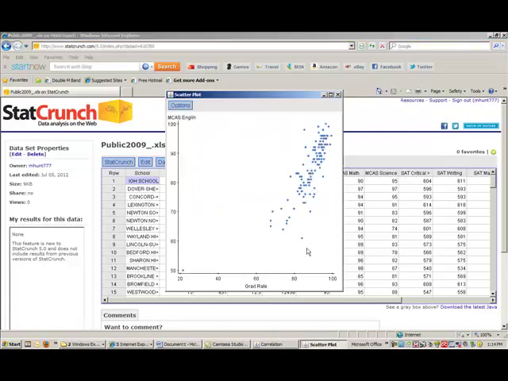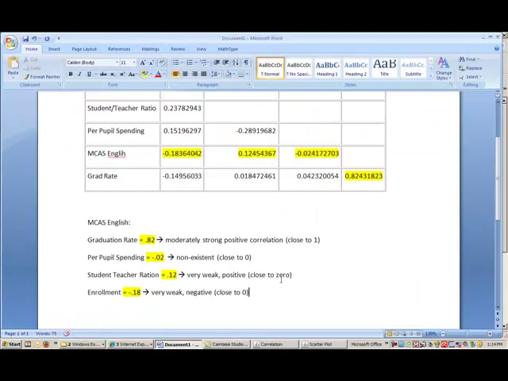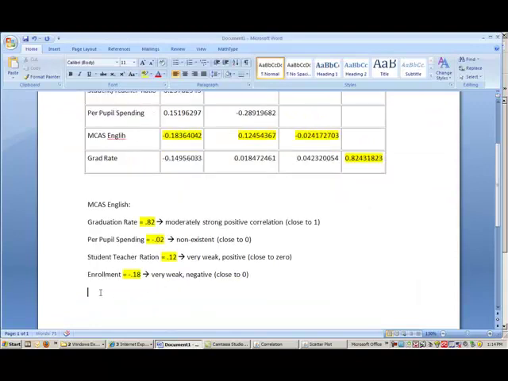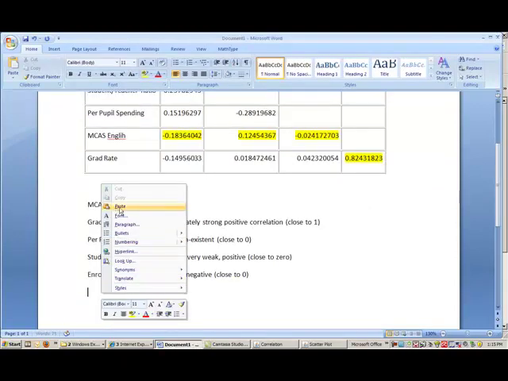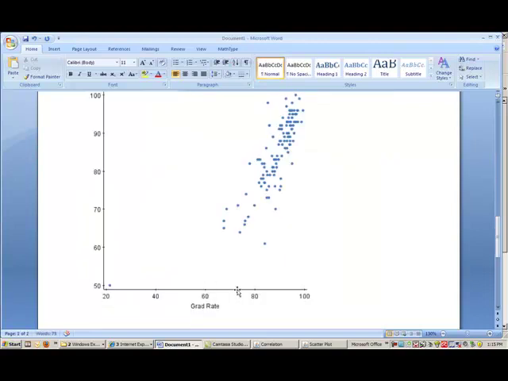And let's just create that graph. So we see this upward trend that indicates a strong positive association: as the graduation rate goes up, so does the MCAS English. If we wanted to, we could copy this and then paste it into our Word document with a left click paste.